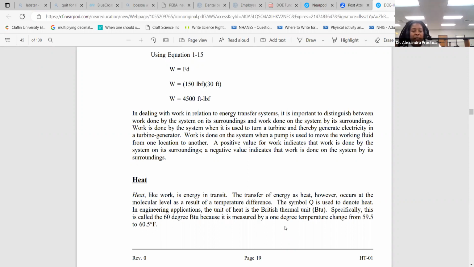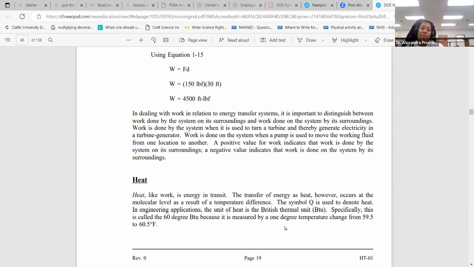Heat, like work, is also energy in transit. The transfer of energy as heat occurs at the molecular level as a result of temperature differences. They use the symbol Q to denote heat.